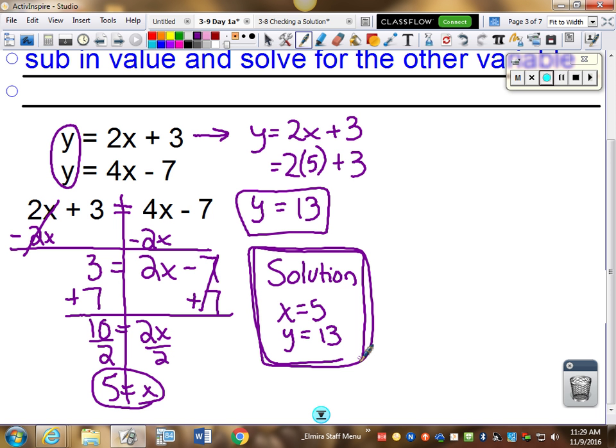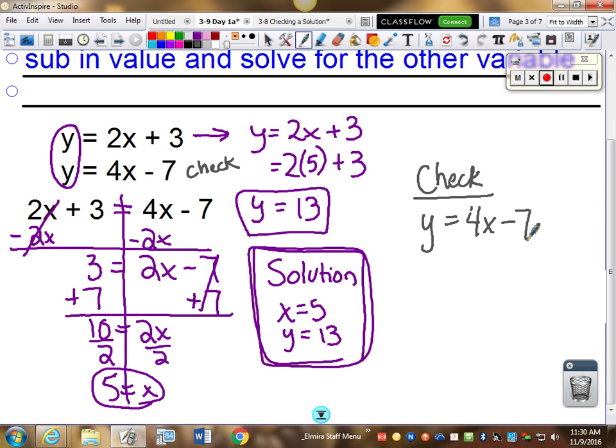However, yesterday in class we did checking. And that is one thing that I would highly encourage you to do in at least one of the equations: check. So I used the top equation for phase 2. I'm going to use the bottom equation for my check. And all it means for the check is y equals 4x minus 7.